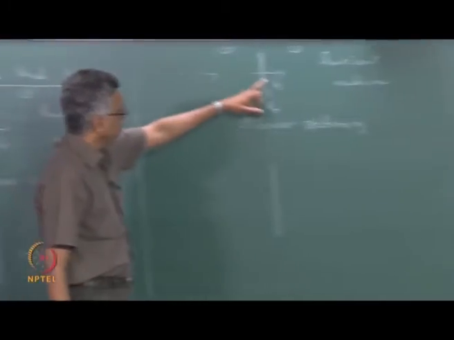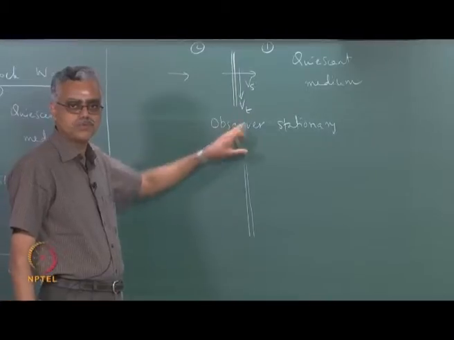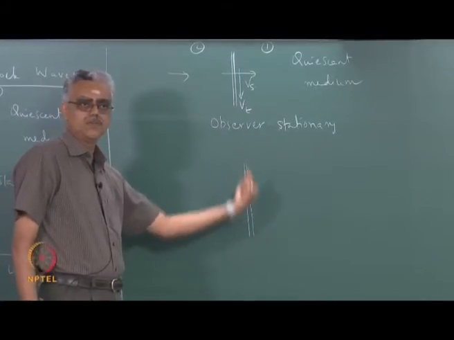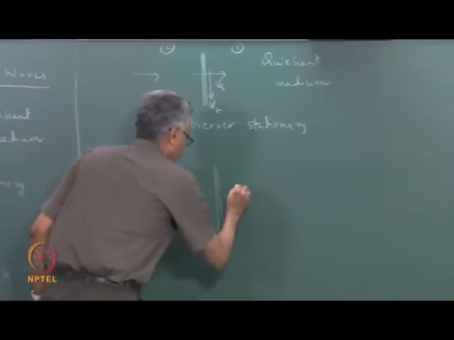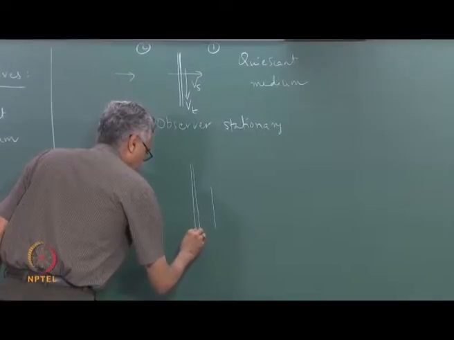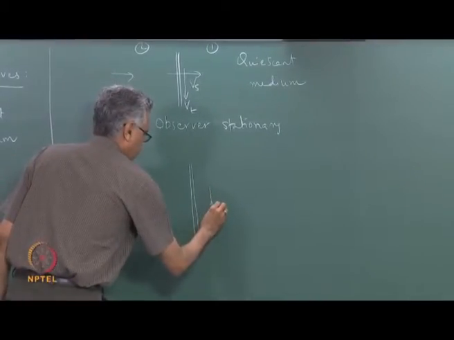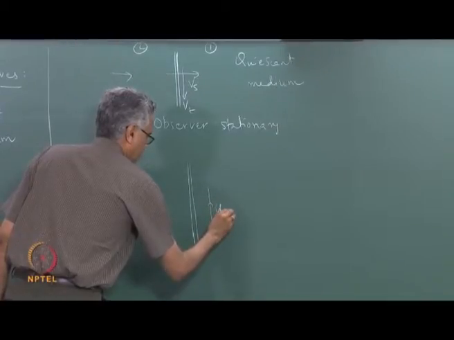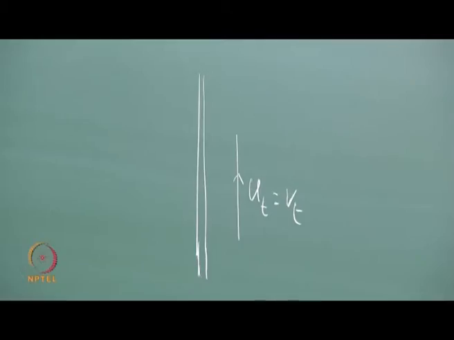Because the observer is moving this way, the flow seems to approach the observer in this direction with a velocity equal to this velocity, correct. This is the tangential component of the velocity, which I can label like this.